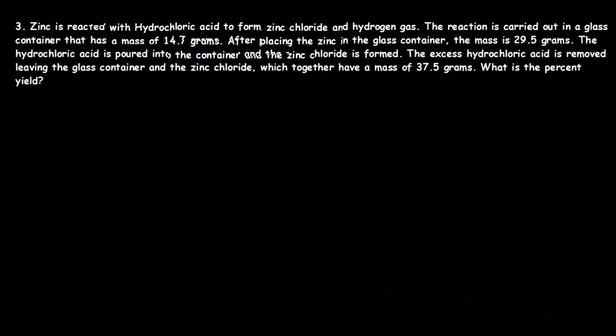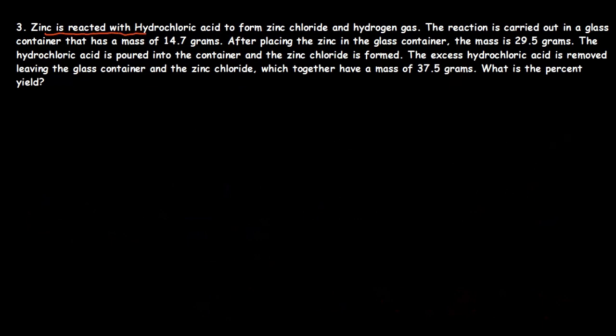Question number 3 reads: zinc is reacted with hydrochloric acid to form zinc chloride and hydrogen gas. The reaction is carried out in a glass container that has a mass of 14.7 grams. After placing the zinc in the glass container, the mass is 29.5 grams.